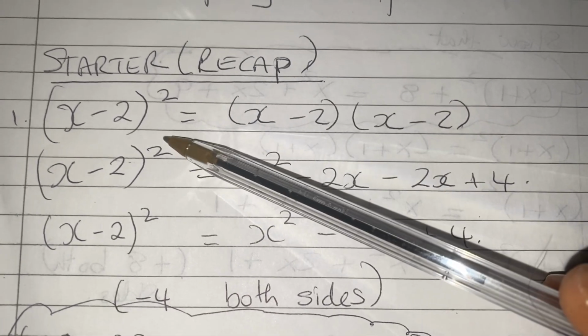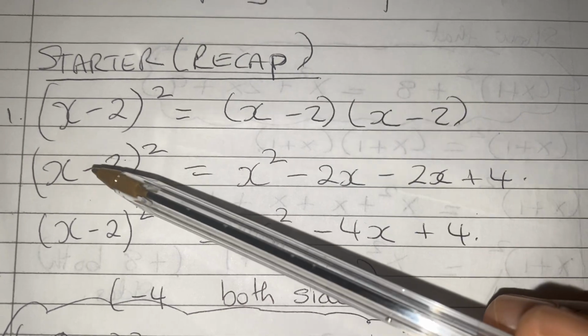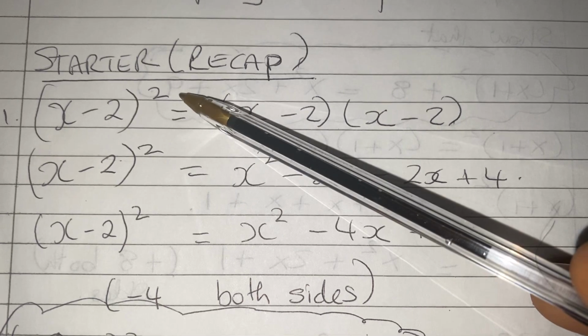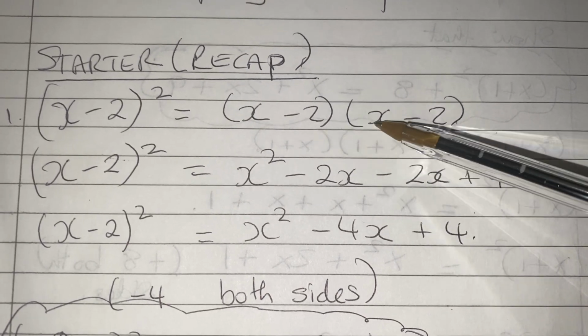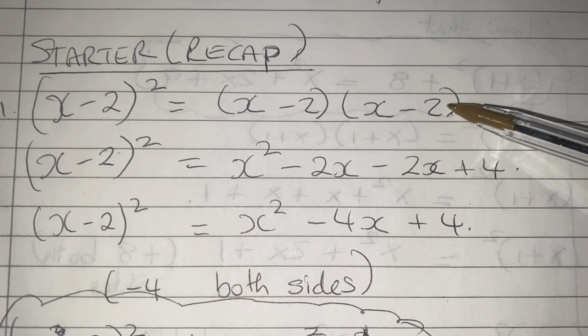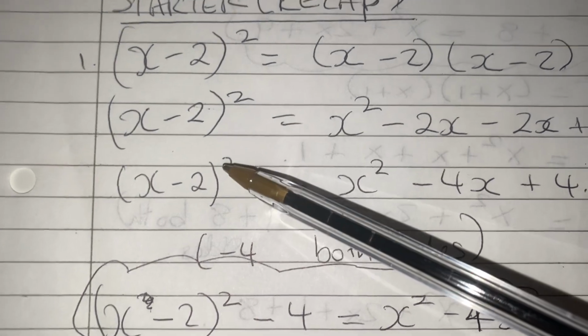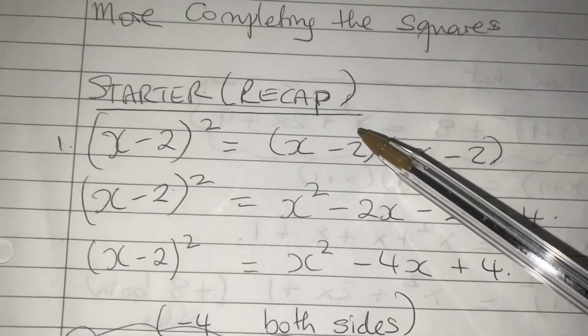So the recap to our starter today, which is also a recap, is x minus 2 all squared, which will give you x minus 2 times x minus 2. By now you should know how to expand that.